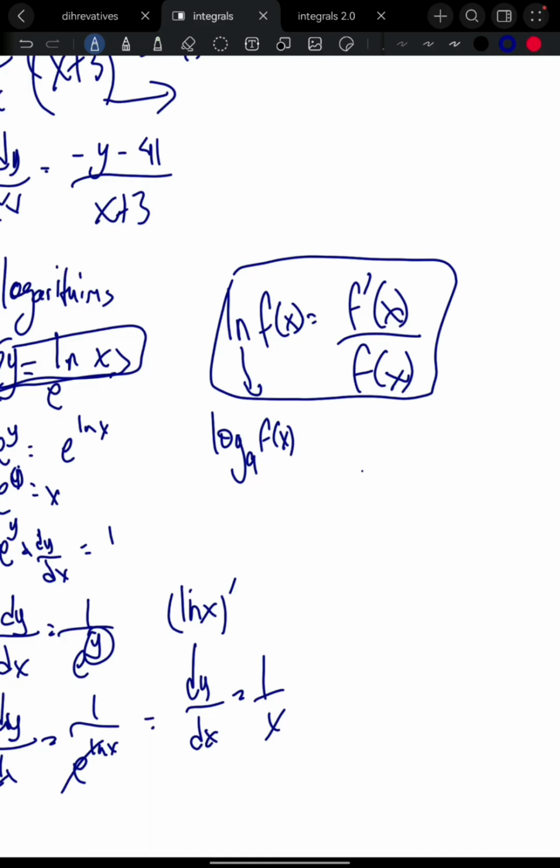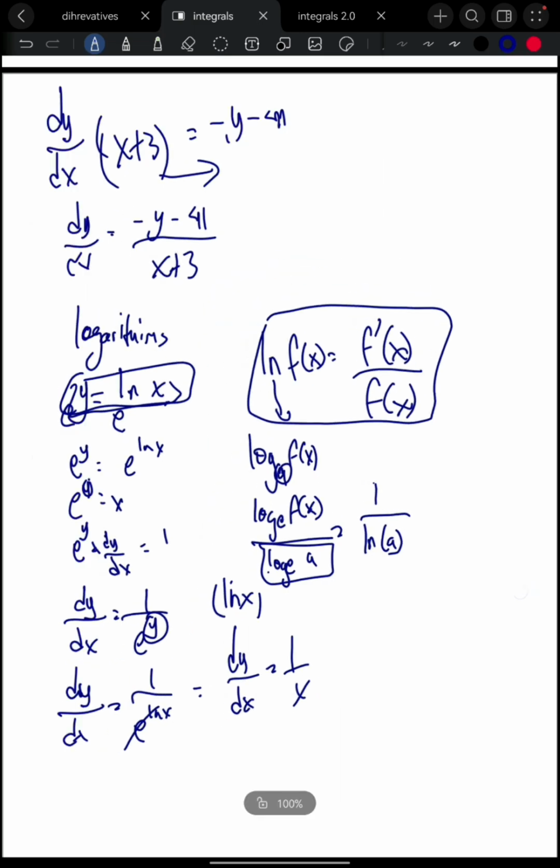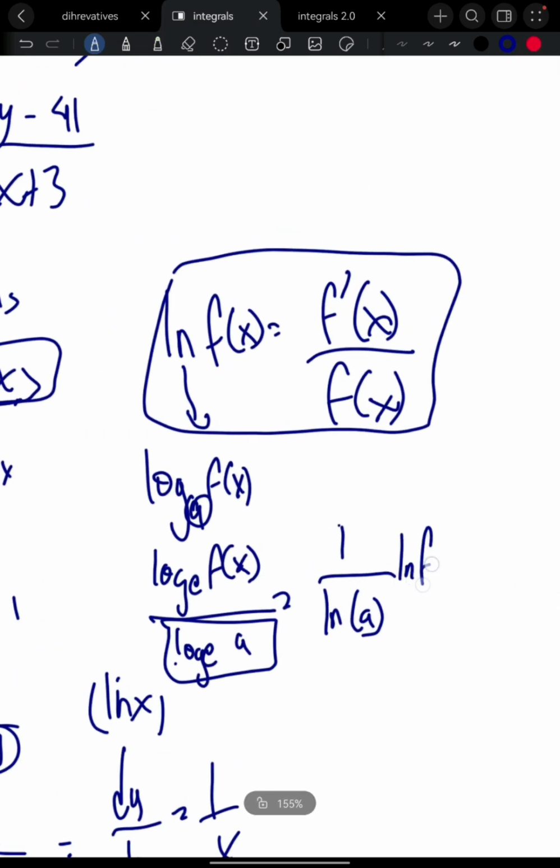So you can write log a of f of x as log e of f of x divided by log e of a, right? And log e of a is a constant because a is a constant. So you can write it as 1 over ln of a, because it takes less space, times ln of f of x.